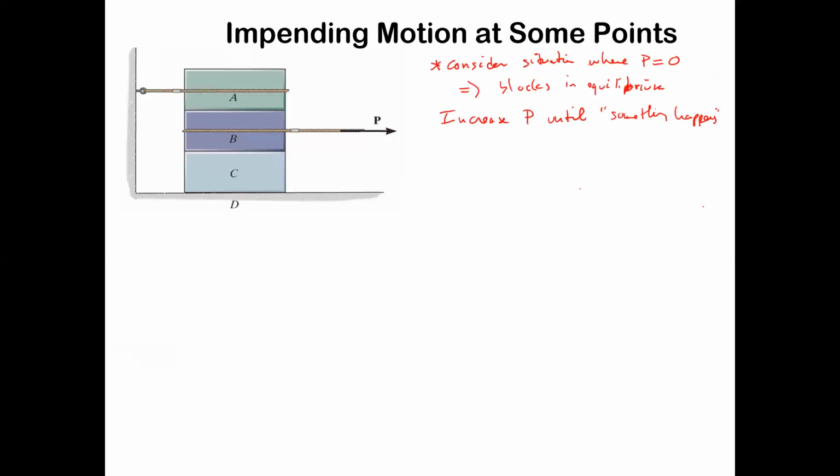This is the reasoning I just said. We're just increasing P until something happens. The case with the lowest P will occur first.